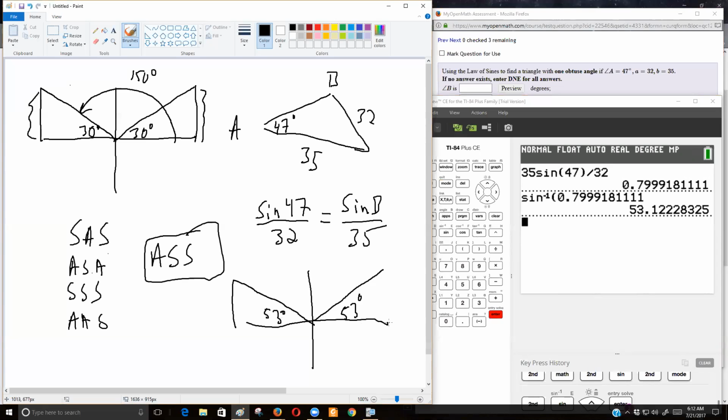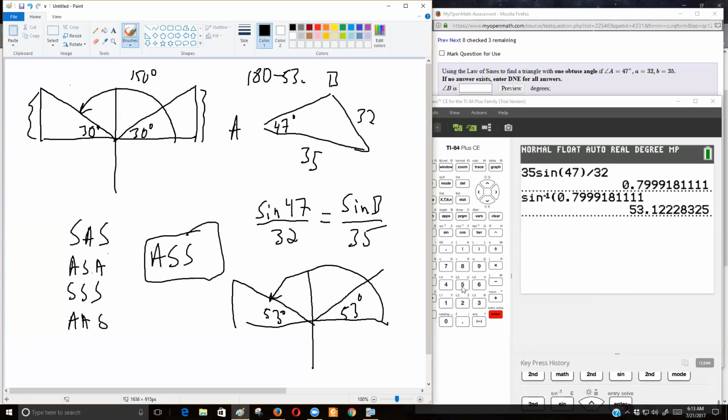The trick is, this Open Math question is asking us to find the obtuse angle. They're telling us that angle B will be the obtuse angle. So to get that angle, I have to do 180 minus my 53 point whatever.